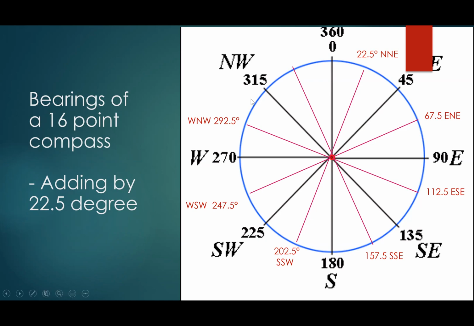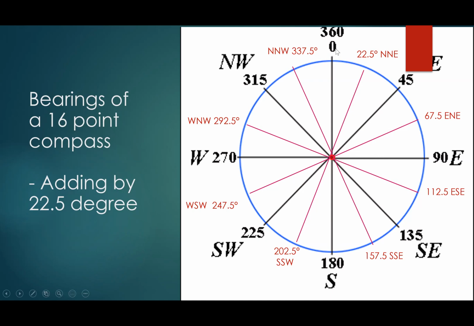And finally, the one that we are going to fill out is right here. What is the direction that my cursor is indicating? North, northwest. What is the bearing of north, northwest? It is 315 degrees plus 22.5 degrees, which is 337.5 degrees. 337.5 degrees plus 22.5 degrees now will return us to our north direction and give us 360 degrees.